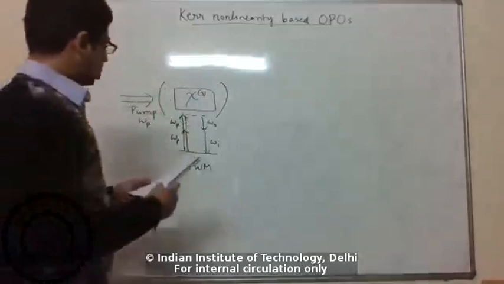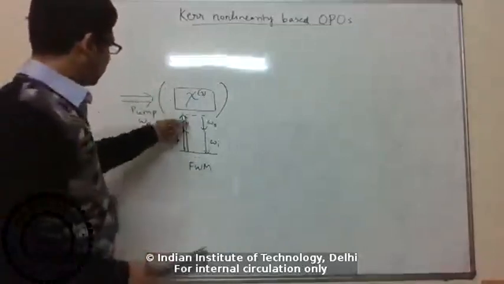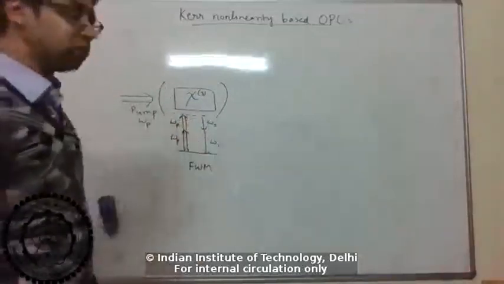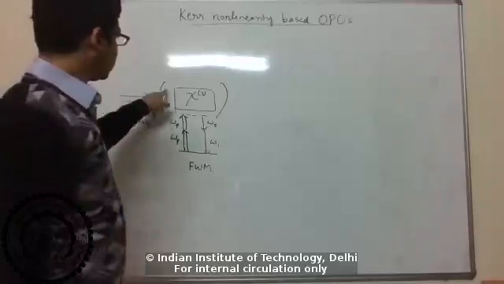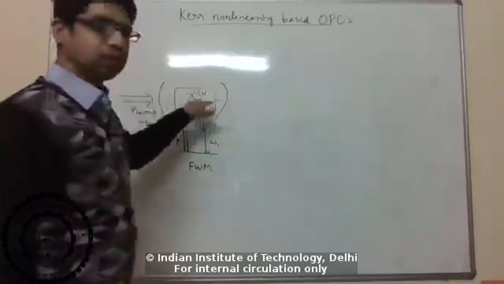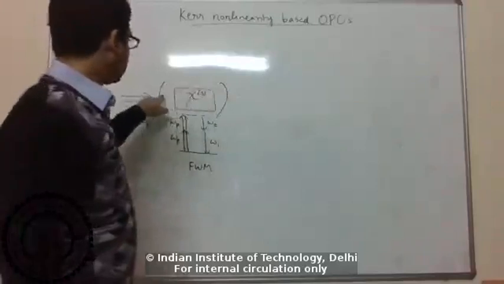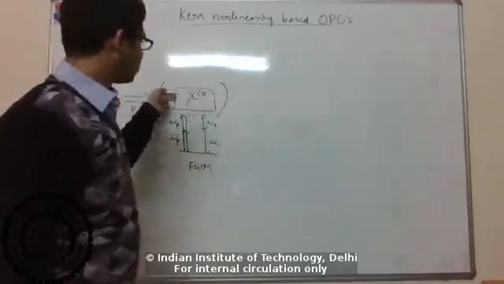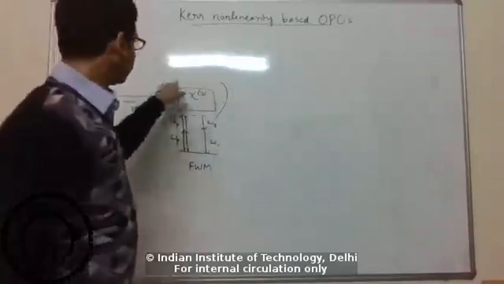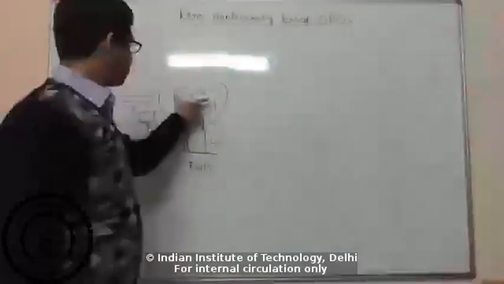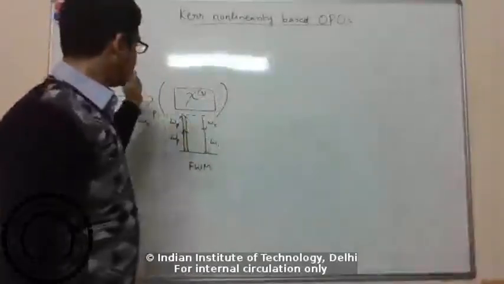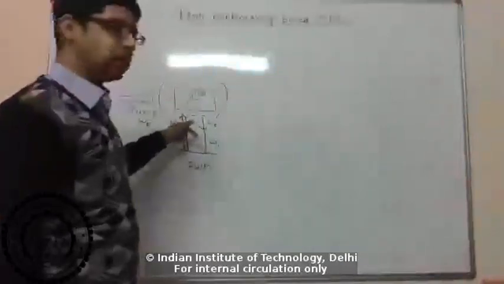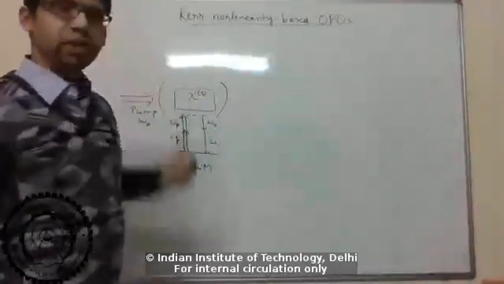So if the gain due to this four-way mixing process becomes large enough, let's say you can imagine you have some round trip gain here, right? And if that round trip gain becomes more than the round trip loss in the cavity, so the losses could be, let's say, propagation loss within the medium, the mirror reflectivities, etc., then any small noise at these signal or idler frequencies will get amplified, right?